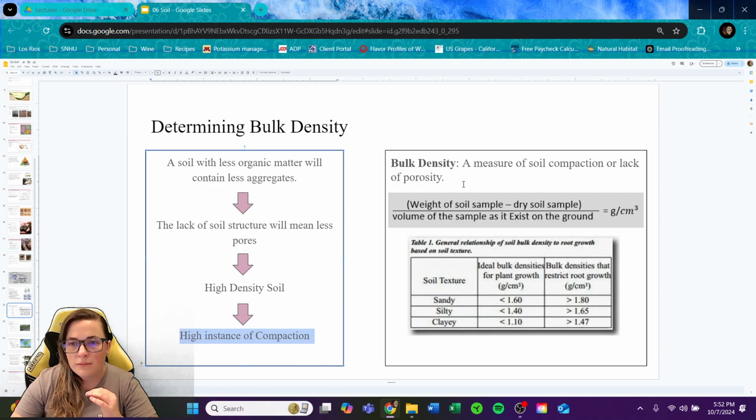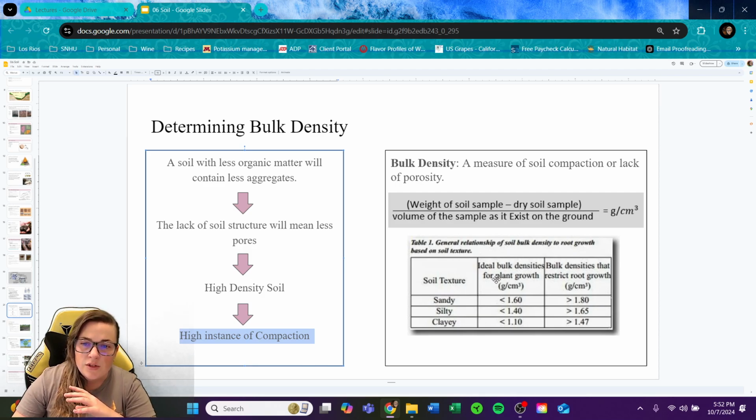So if you want to measure bulk density, you take the weight of your dry soil sample and divide it by the volume of the sample as it exists on the ground, and that will give you grams per centimeter cubed, right? So then we have here a table, the general relationship of soil bulk density to root growth based on soil texture.